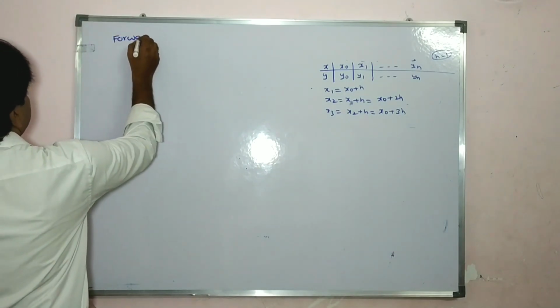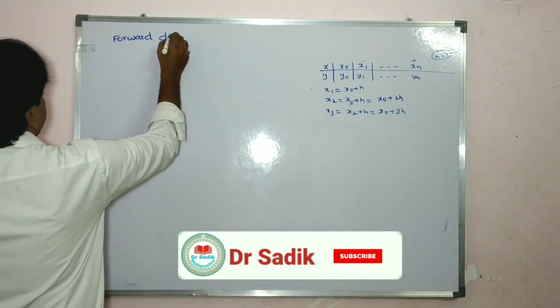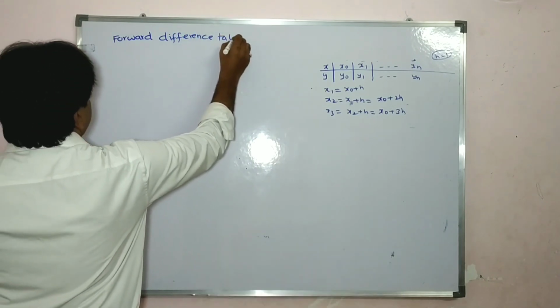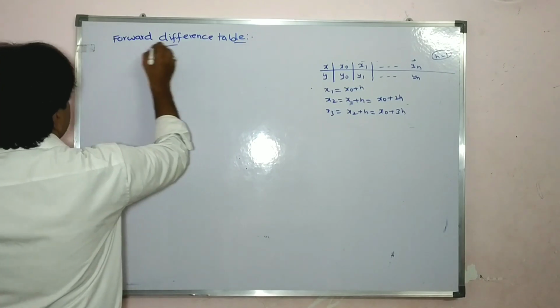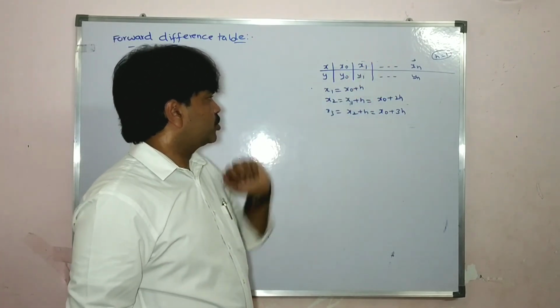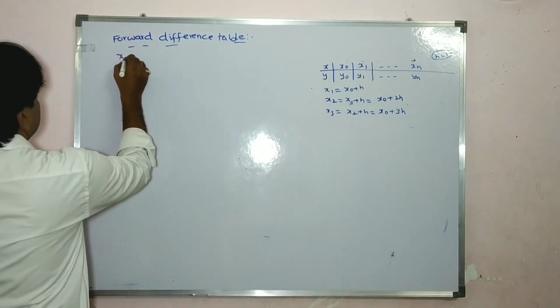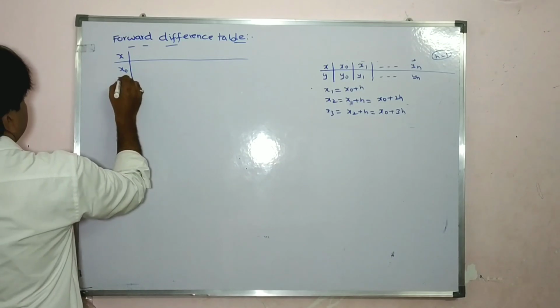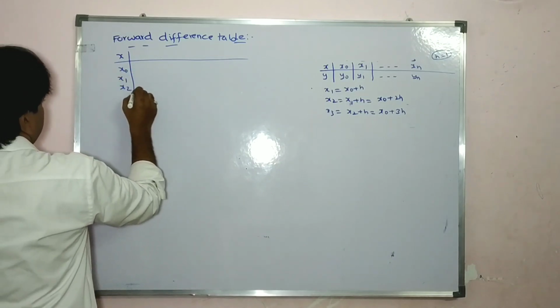Forward difference table. Suppose I want to take only 3 terms, up to x2. Suppose x is x0, x1, up to x2, enough.